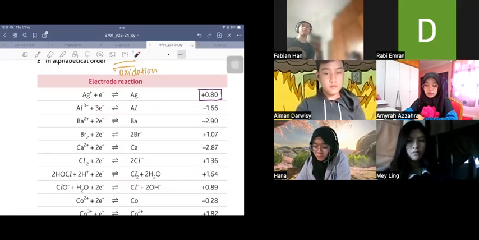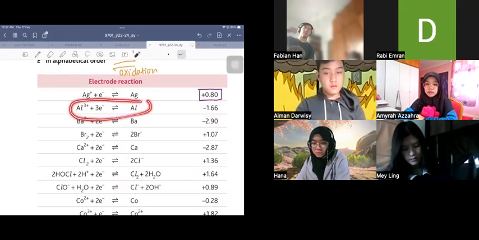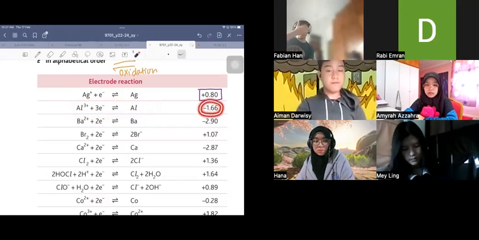Because the forward reaction is a reduction process, a positive E note means they are more likely to be reduced, whereas a negative E note means they are more likely to be oxidized. They favor the reverse reaction. For example, here, aluminium 3 plus to be reduced to aluminium has a negative E note. That means it is likely to go in the backwards reaction. Aluminium is more likely to be oxidized to aluminium 3 plus.